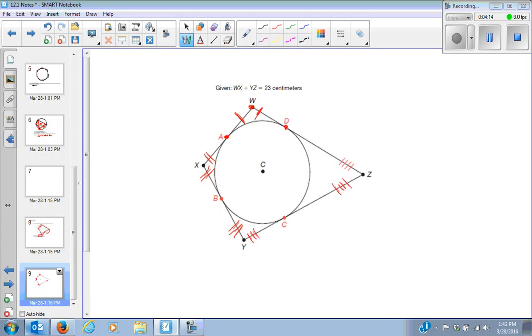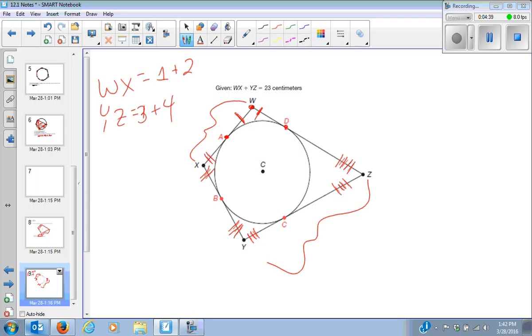If I look at this, and I look at WX, it's really equal to a 1 tick mark and a 2 tick mark. So W to X is a 1 and a 2 tick mark. And if I look at this one, YZ is made up of a 3 tick mark and a 4 tick mark.